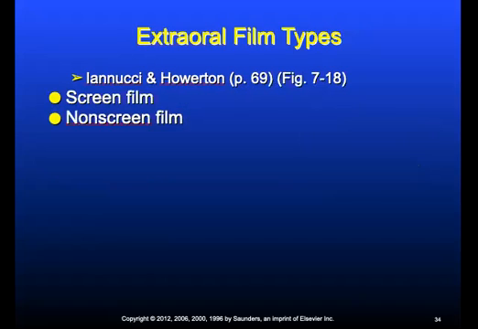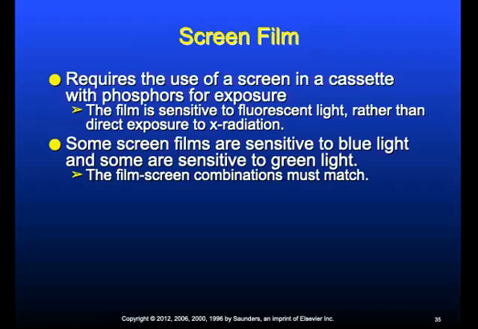There are two types of extraoral films: screen film and non-screen film. Most of the extraoral films you'll be dealing with are screen films. Screen films require the use of a screen and a cassette with phosphors for exposure.